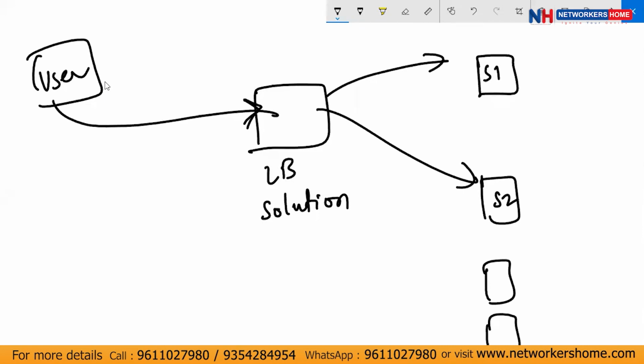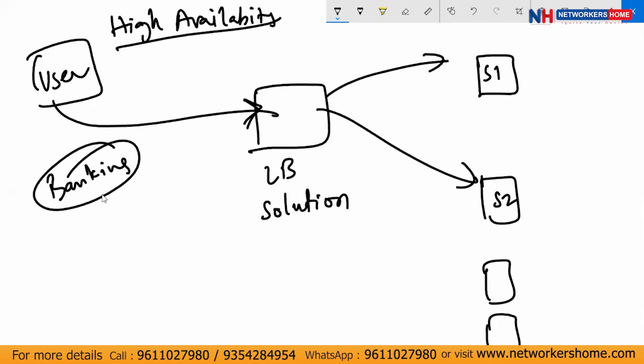This was about scalability. Now, the next thing which comes into the picture is high availability. In today's world, take any application, specifically a banking website. Can you imagine the kind of impact it can bring to a banking website if that website even goes down for 5 minutes or even for 1 minute during production hours?